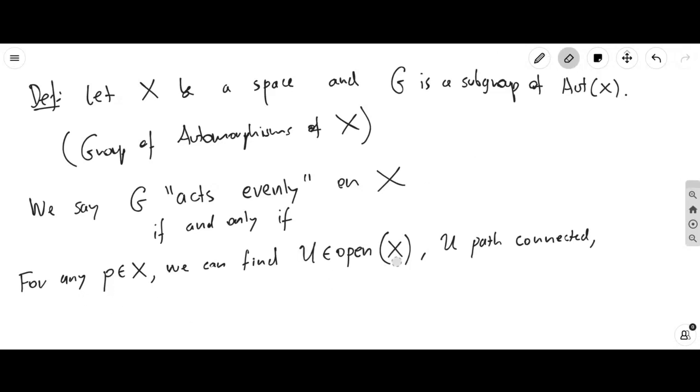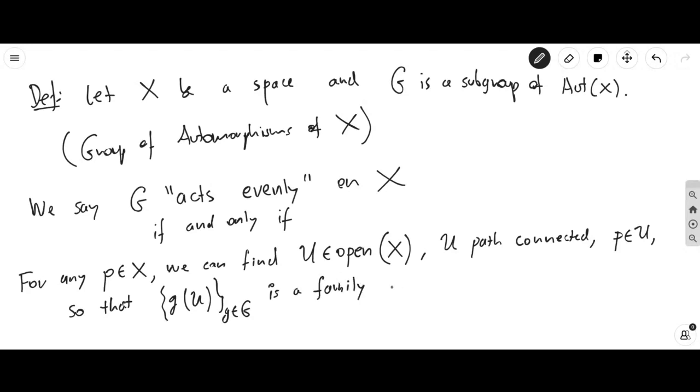So for any point, we can find an open set that's path connected containing the point, so that g applied to U, so this set, as you range over a group, is a family of disjoint sets. They have to be open sets, by the way.